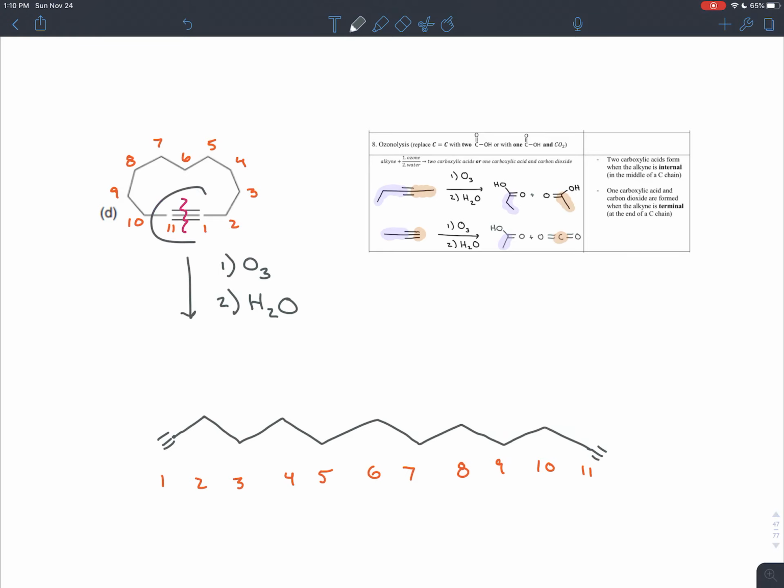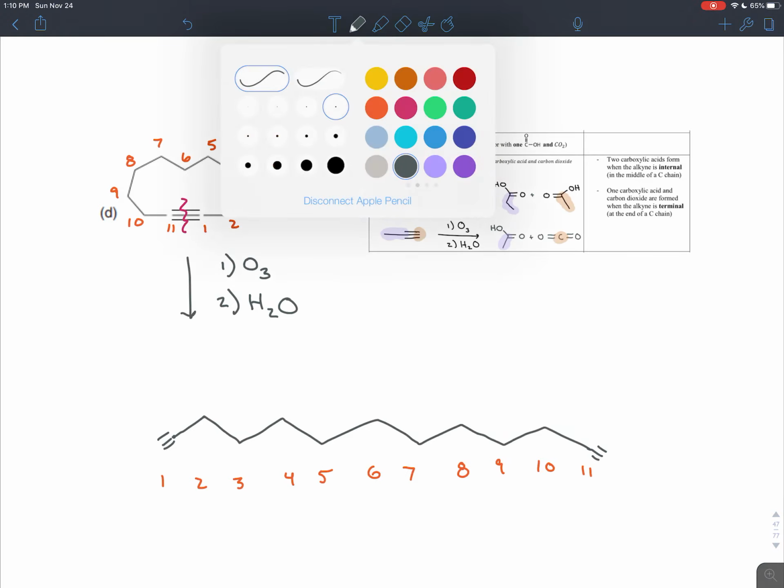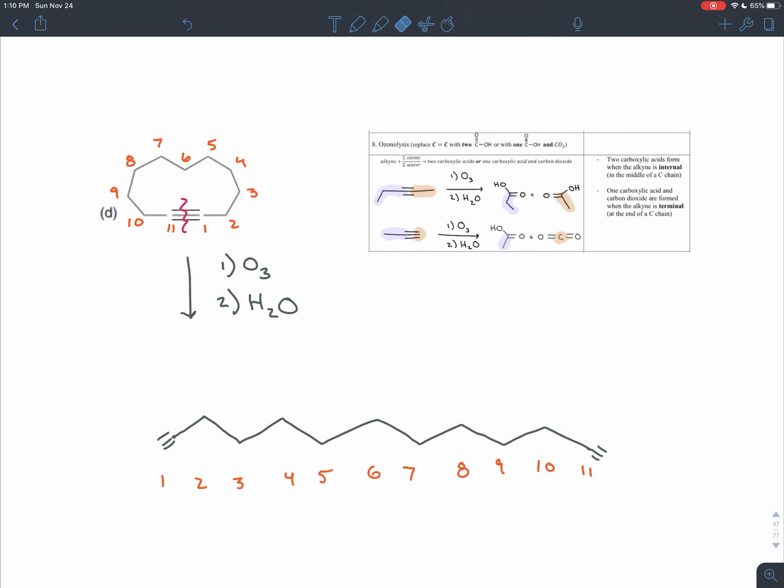Well, when you do ozonolysis on an alkyne, a hydrocarbon that has a triple bond, get rid of the triple bond, make sure you still have the same number of carbons, and just draw a double bond to an oxygen, single bond to an OH, a carboxylic acid. Get rid of the triple bond without getting rid of the carbon. Just don't draw the triple bond and have a double bond to an oxygen, single bond to an OH.